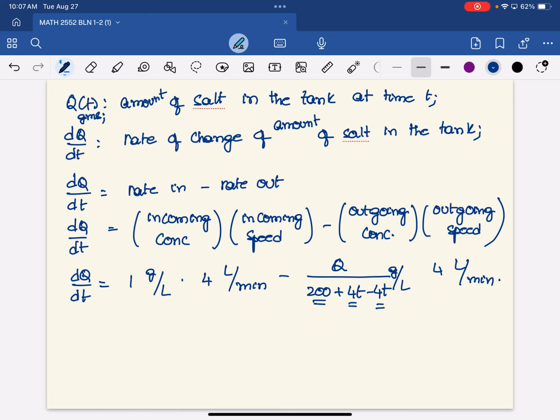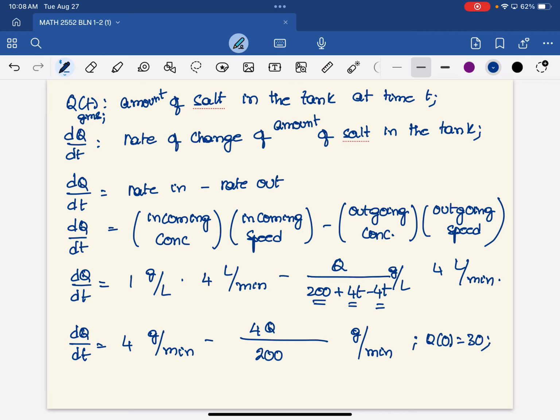Yes. So this gives me dq dt is going to be 4 grams per minute minus 4q divided by 200 grams per minute. And with my initial value, q of 0 is going to be 30 grams of salt. Clear?